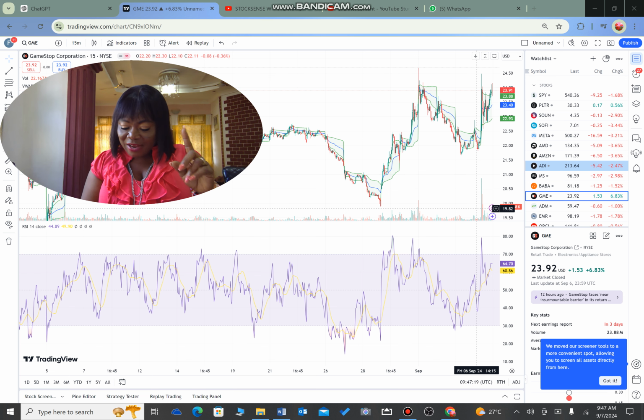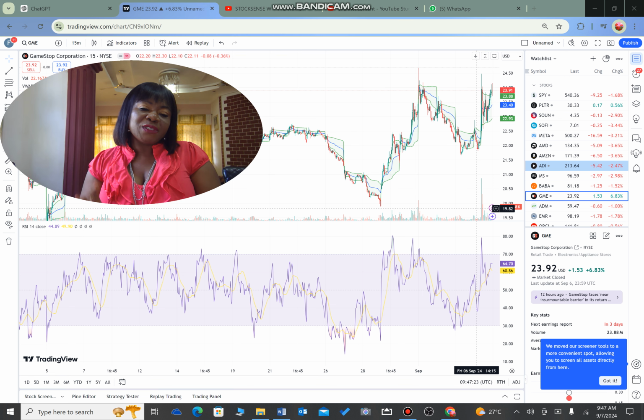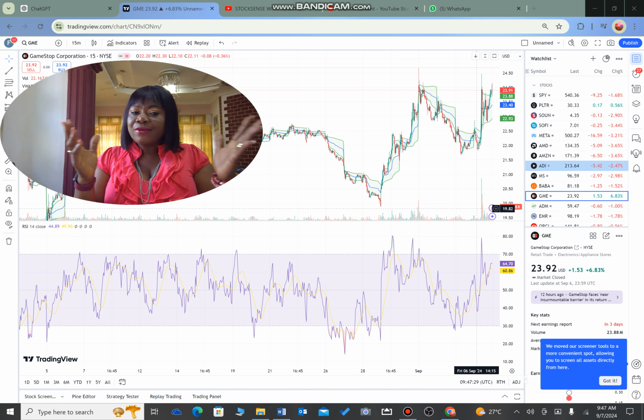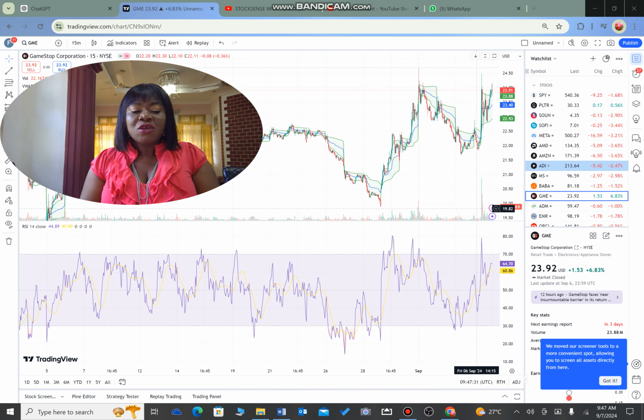And then the third one is that with stock options and scalping, if you have a very good strategy, you can buy many contracts and record a big amount of profit using small capital.